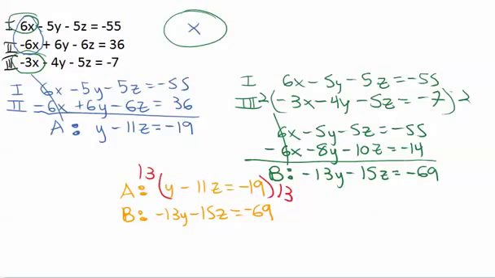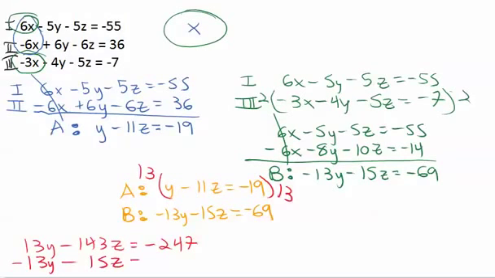So now A is 13y minus 13 times 11 is 143, z equals negative 19 times 13 is 247. The B equation is still the same: negative 13y minus 15z equals negative 69.